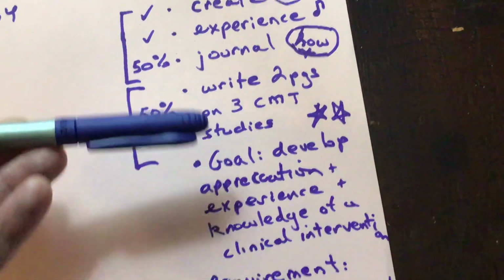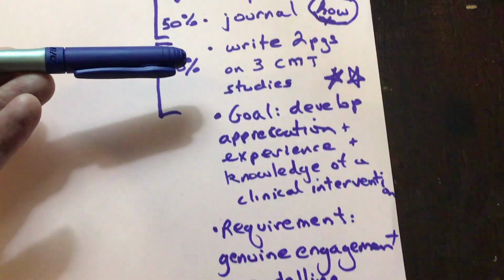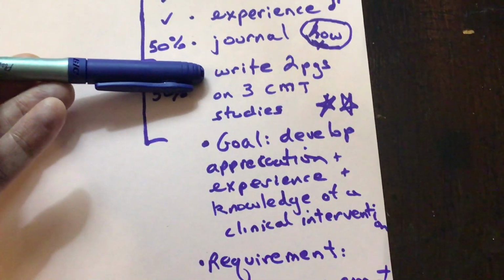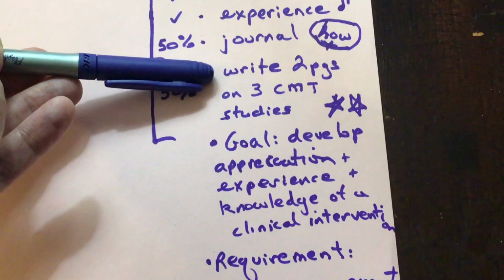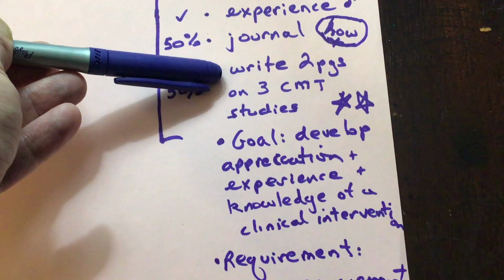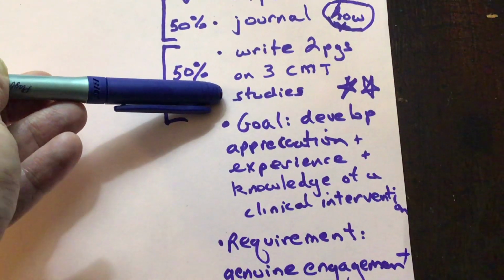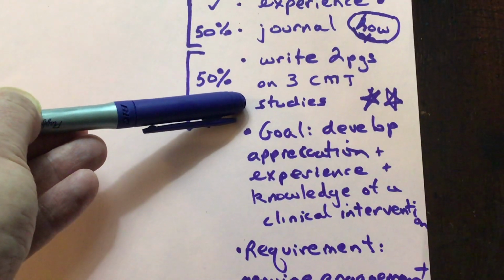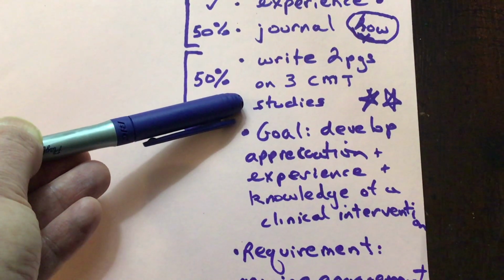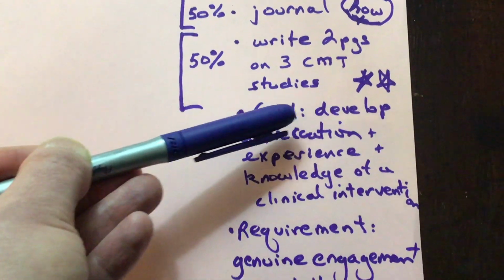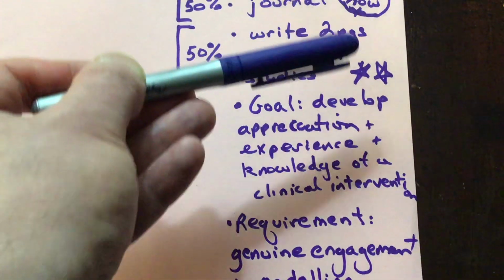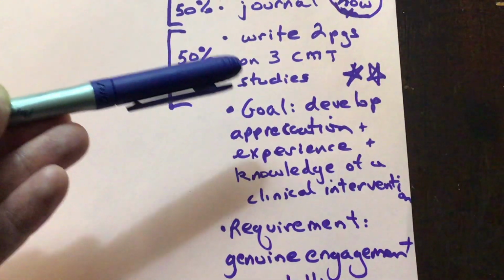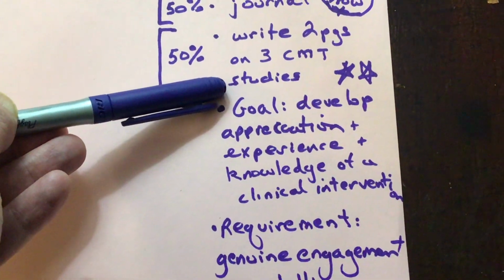So this other 50% is to write 2 pages single spaced or 4 pages double spaced, 12-point font, Times New Roman, on 3 creative music therapy studies that you look up. You're going to read about those studies and understand how other creative music therapy interventions are done, and I'm going to add a little bit to the handout I've already given, so you'll be informed in that respect.